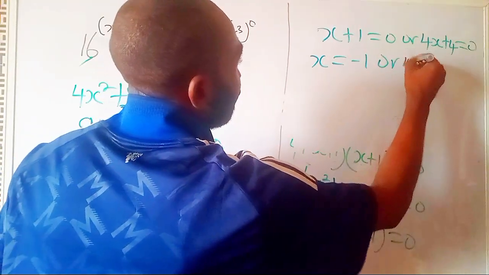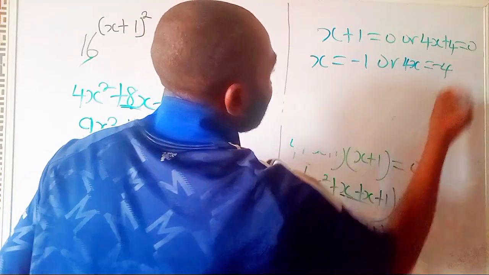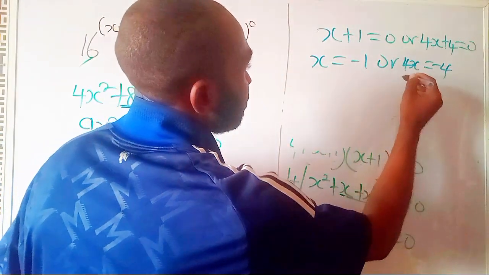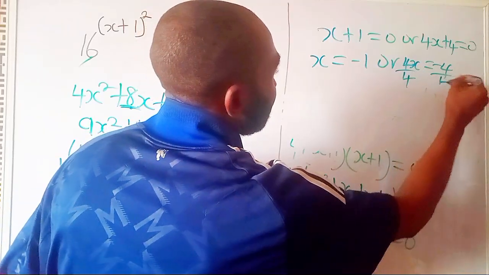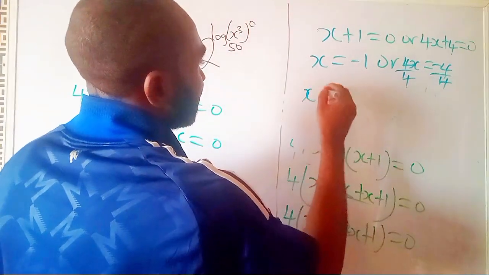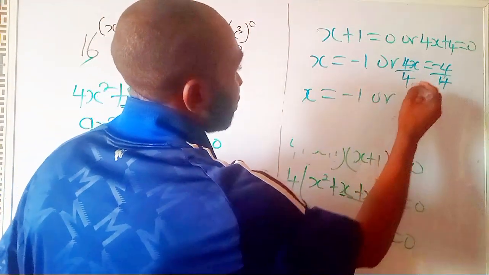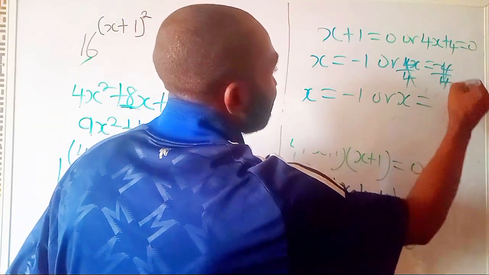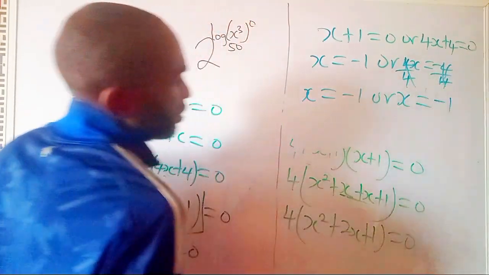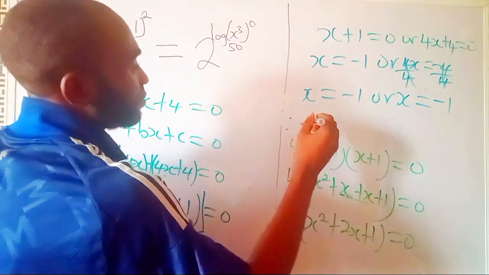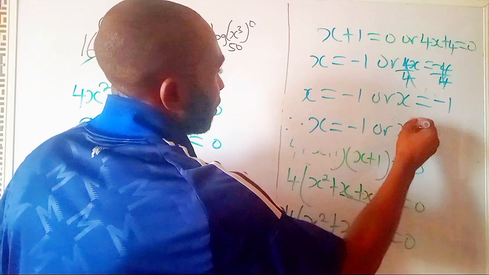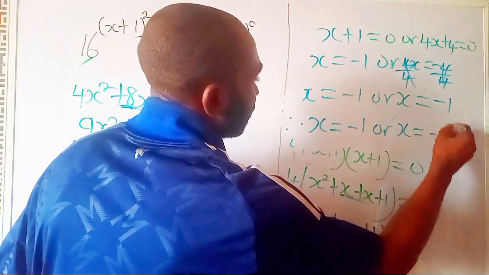Or 4x is equal to minus 4. Alright, so here you're going to divide both sides by 4. So x is equal to minus 1, or here the 4s cancel out, so we have x is equal to what? Minus 4 divided by 4 is what? Minus 1. So therefore x is minus 1, or x is minus 1.